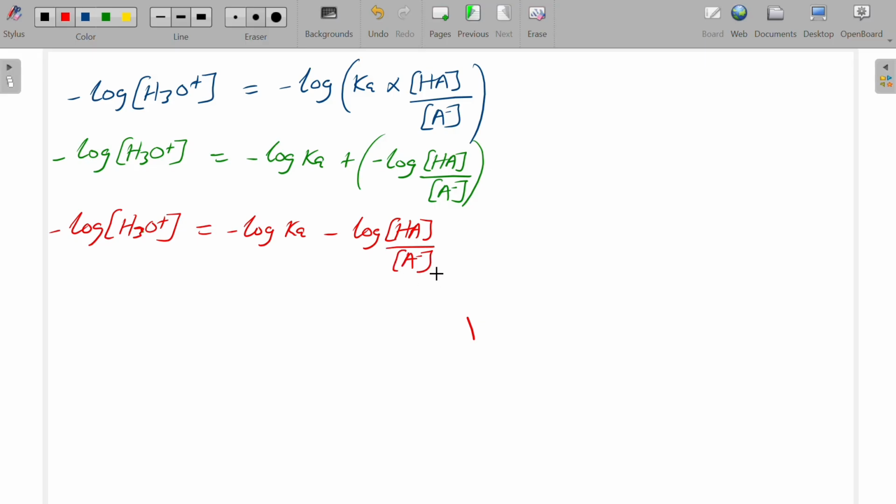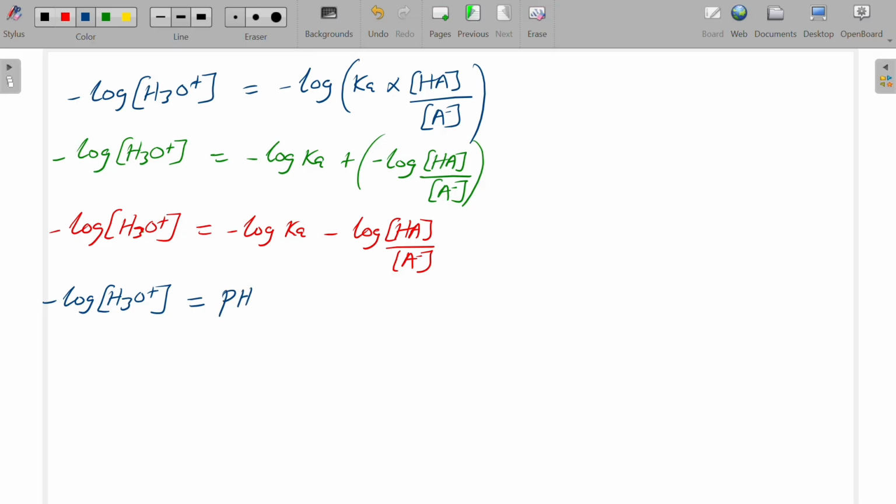So this is what we have now. So negative log of Ka minus log of the ratio that we have, which is the concentration of the acid divided by the concentration of the base. All right. So if we remember again, we understand to say negative log of the hydronium ion concentration is equal to pH.